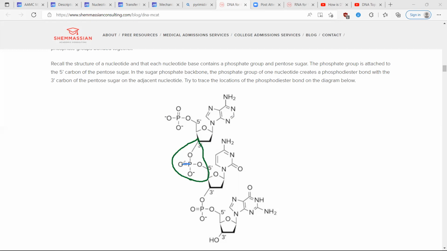We have the R, the O, and the R going up, and then we have another one, the R, the O, and the R connecting over here. So this is called a phosphodiester bond. And this is basically where we see phosphodiester bonds.